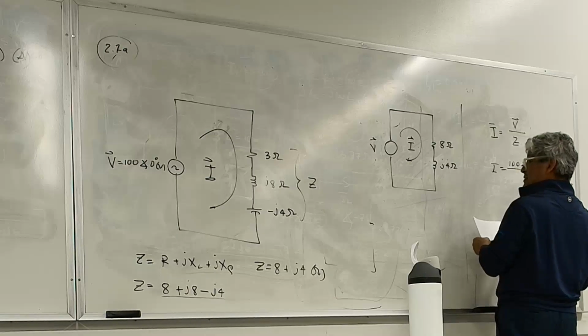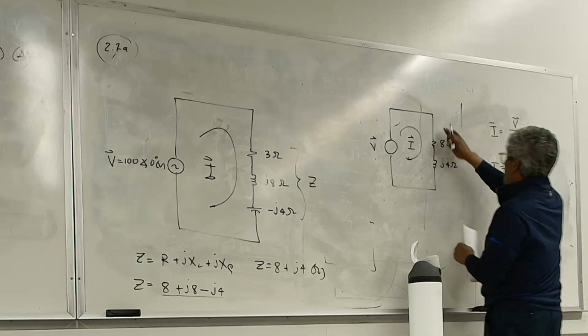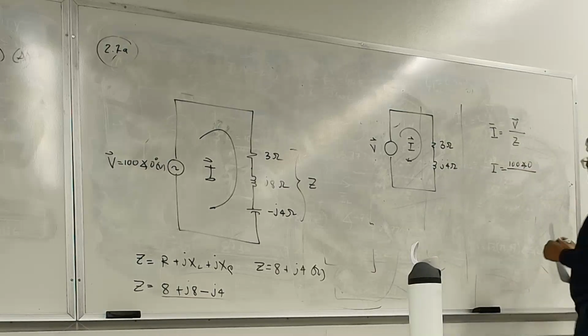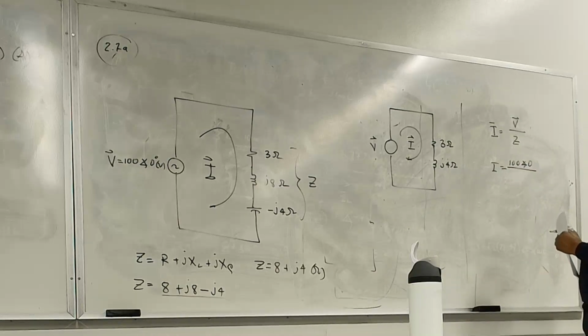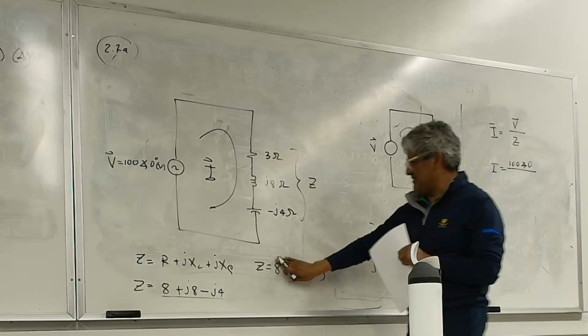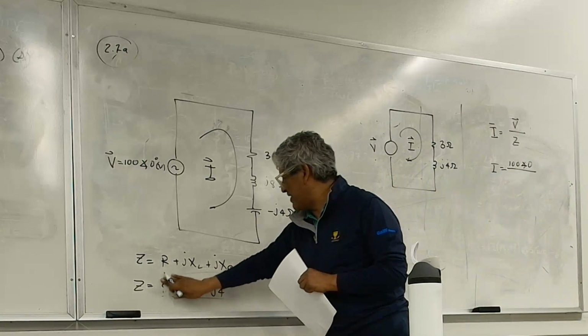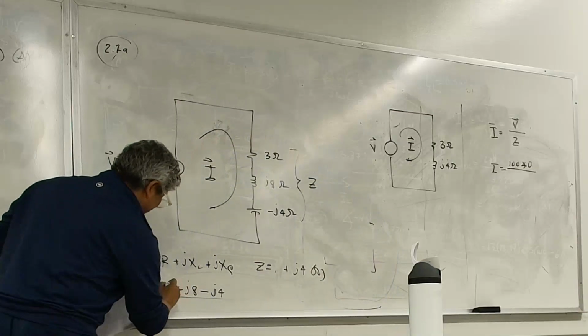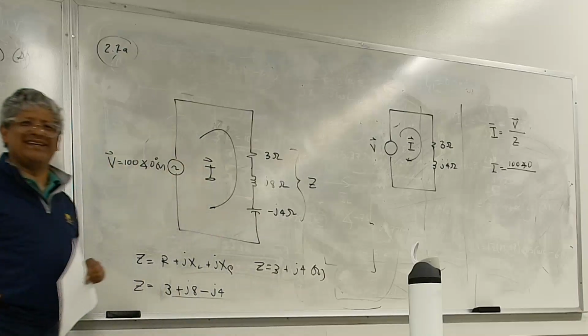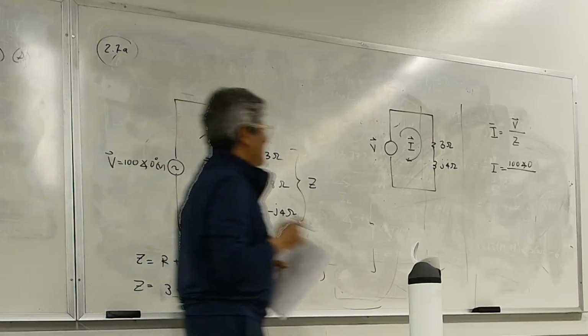Hold on, everybody. Oh, nobody caught me on that one. This is 3. Yes, Professor, the bottom one is wrong too. This is wrong, right? That should be 3, correct? Thank you, everybody. My bad.